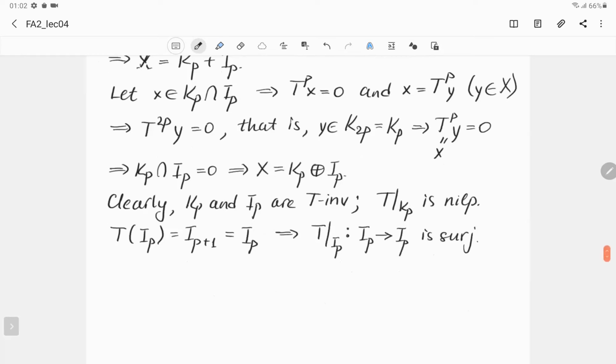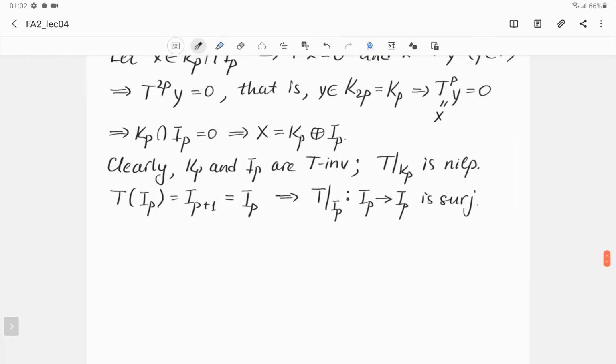Well, on the other hand, we already know that the intersection of Kp and Ip is 0. So the kernel of T, which is K1, is obviously contained in Kp. So the intersection of the kernel of T with Ip is 0.